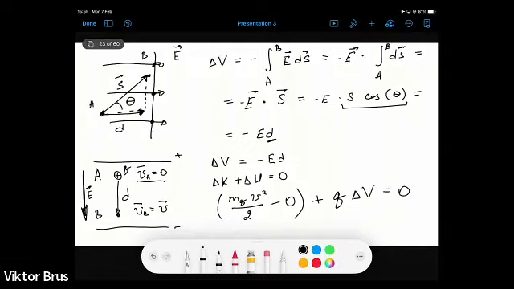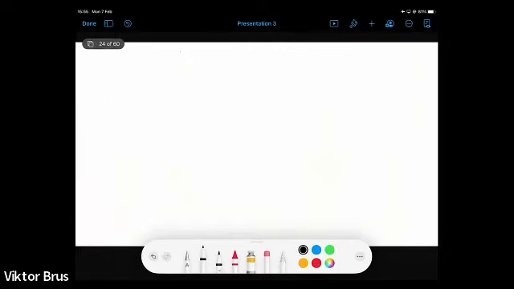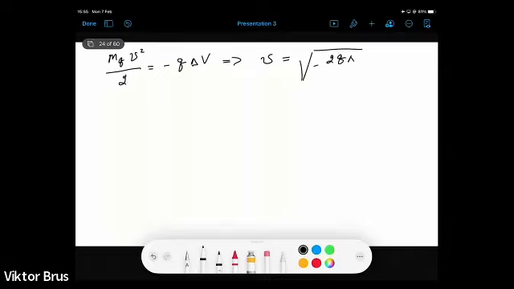According to this equation, we can write that, let's do it on the next slide, mq, mass of this charge, times v squared divided by 2 is equal to minus q times delta V. So from here we can express the speed gained by this electric charge at point B. That will be the square root of minus 2q times delta V divided by the mass of this charge, and delta V, change of potential, can be substituted by minus E times D. So if we do that, we get rid of this minus under the square root.